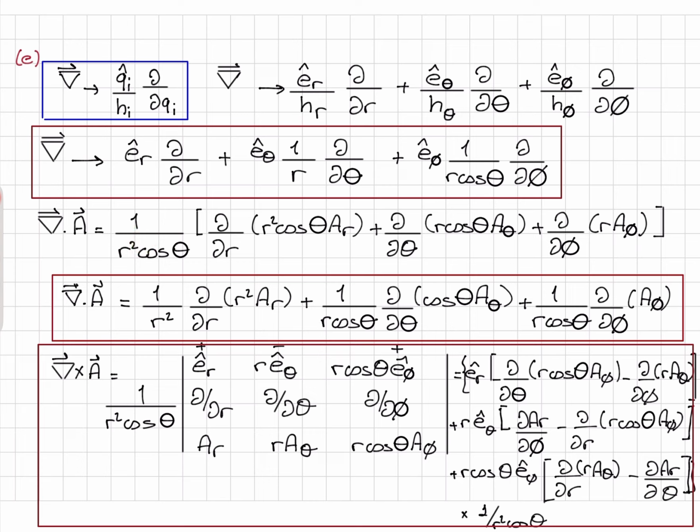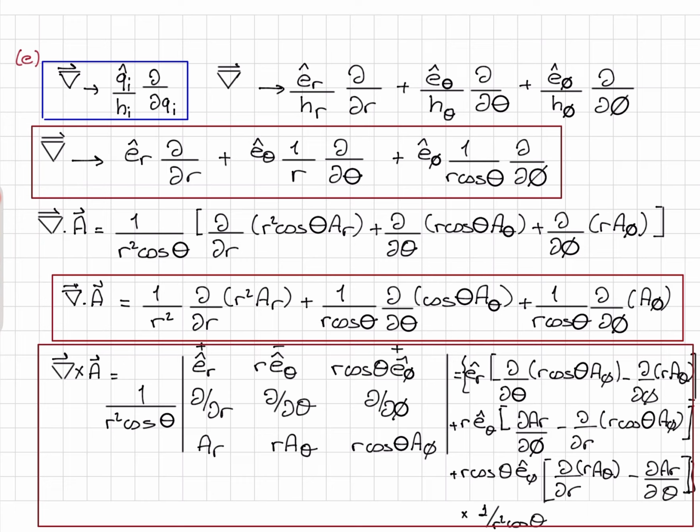Divergence is 1 over hr h theta h phi, which is r squared cosine theta. Del del r h theta h phi ar, del del theta hr h phi a theta, and del del phi hr h theta a phi. So this was hr h phi a theta.